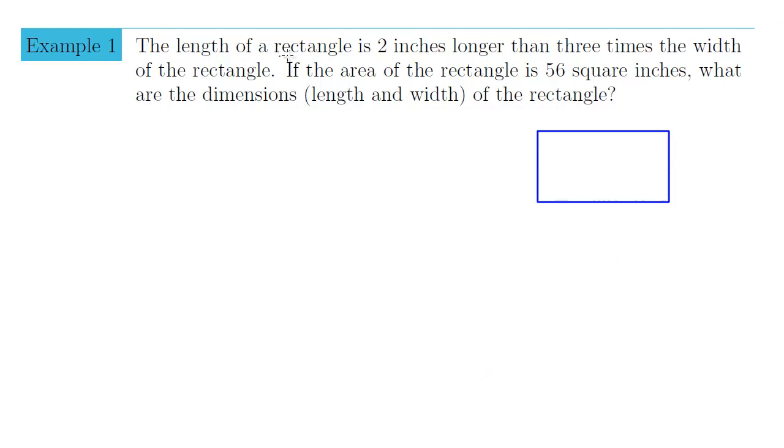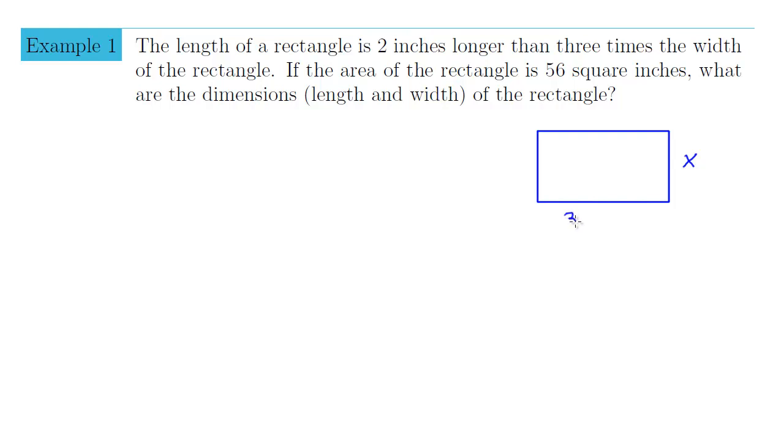Now, we are told that the length of the rectangle is 2 inches longer than 3 times the width. So, I don't know the width or the length, but if I let the width of my rectangle be x, then the length of this rectangle is 2 inches longer than 3 times the width. How do I write that? 2 inches longer means plus 2. 3 times is 3 times.